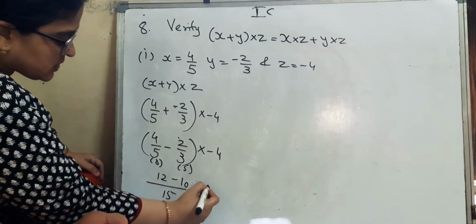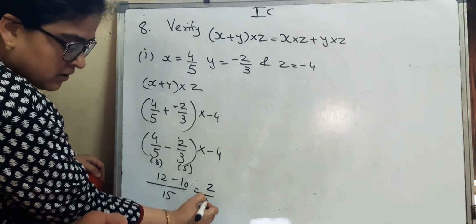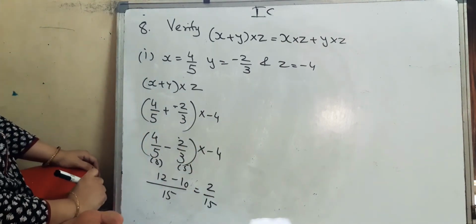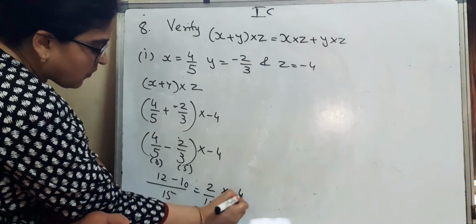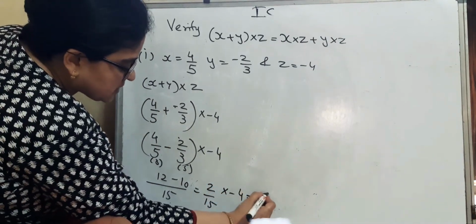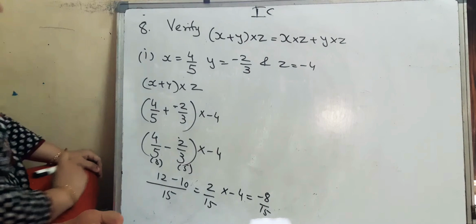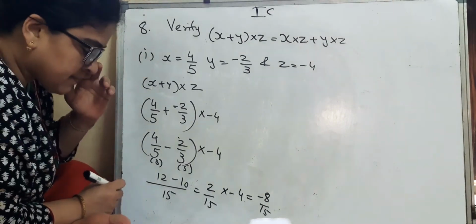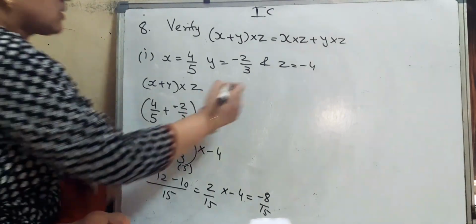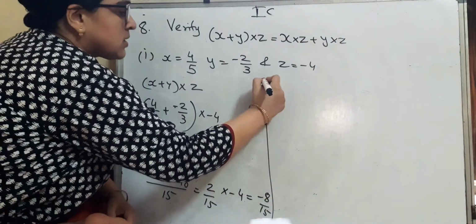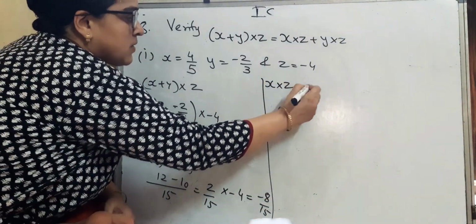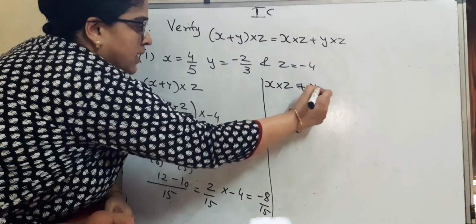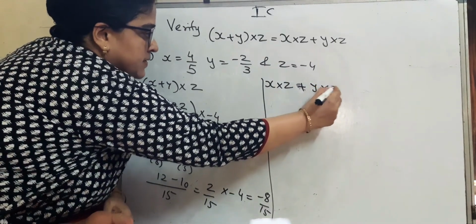Now the answer is 12 minus 10, that is 2 upon 15, and multiplied by minus 4, it is minus 8 upon 15. This side is completed. Now next, RHS: x multiplied by z plus y multiplied by z.